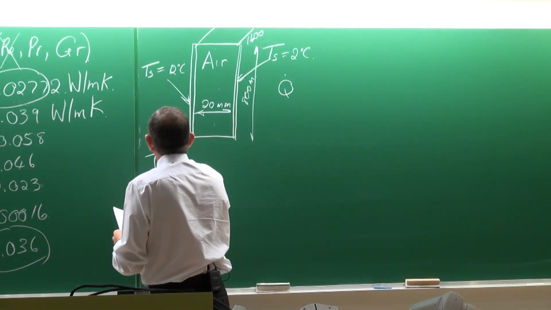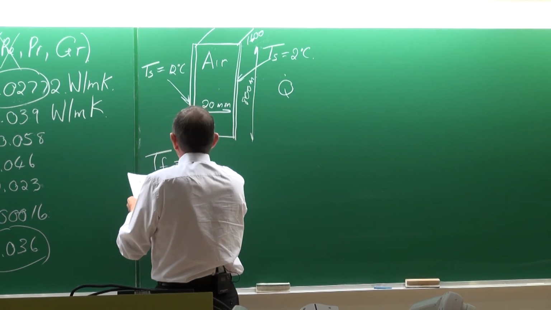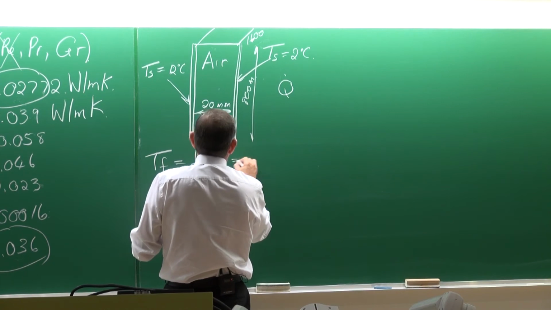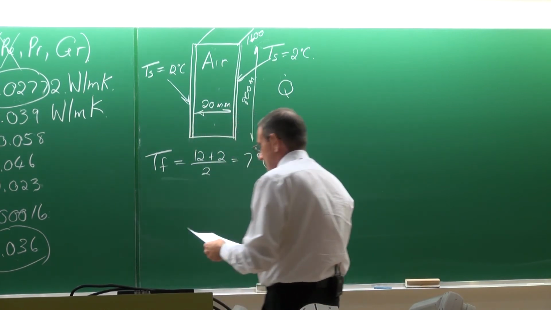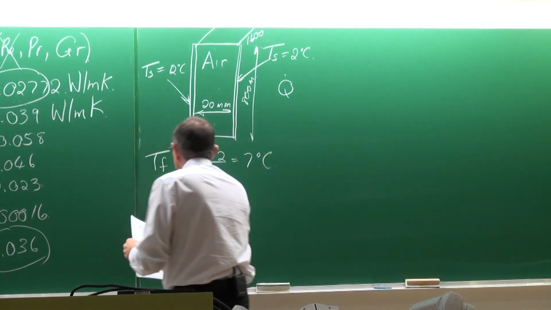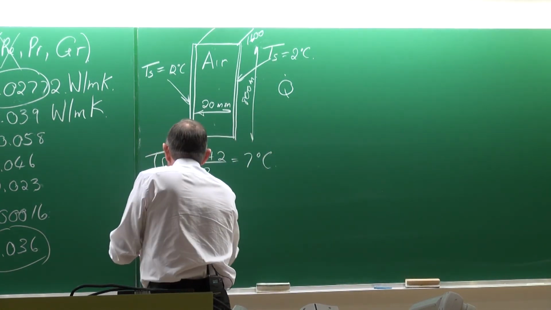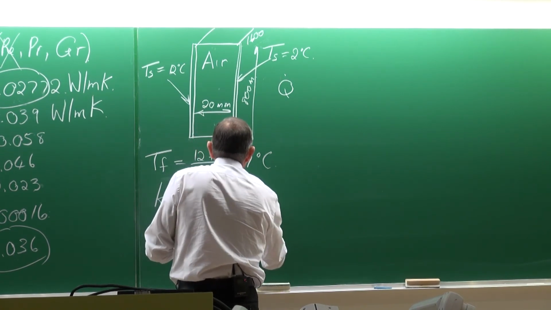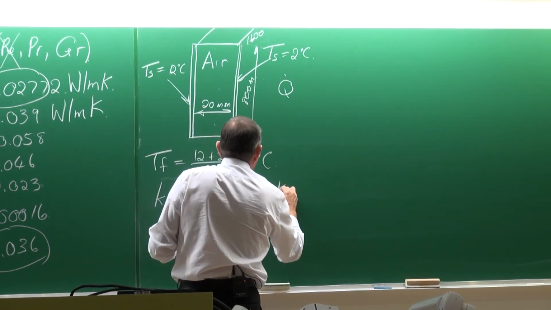Again, we need to get the film temperature, which is 12 plus 2 divided by 2, so that is 7 degrees Celsius. Again, we go to table A15 to get all the properties. K is equal to 0.0416 watts per meter Kelvin.